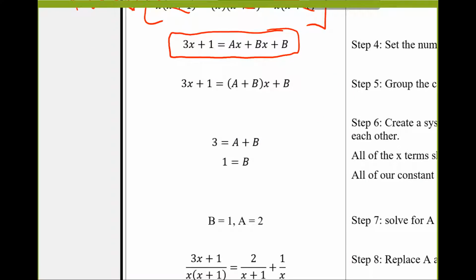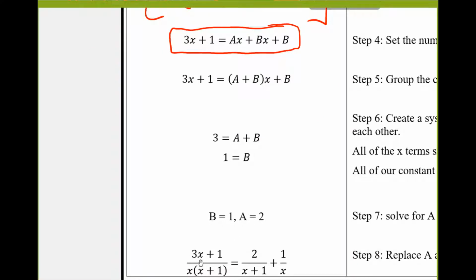So that means our original fraction, 3x plus 1 over x squared plus x, is equal to 2 over x plus 1 plus 1 over x. If I wanted to integrate this one on the right side, I could integrate directly using natural logs. I'll do that really quick.